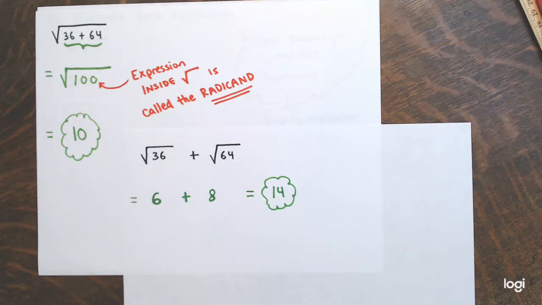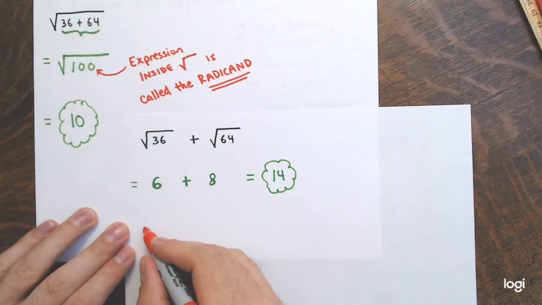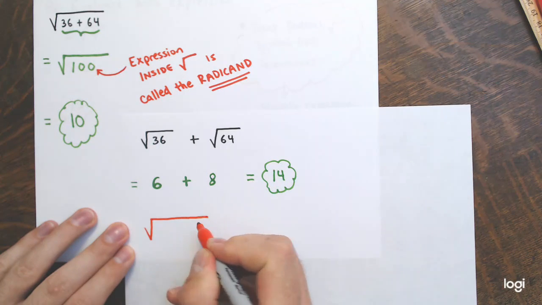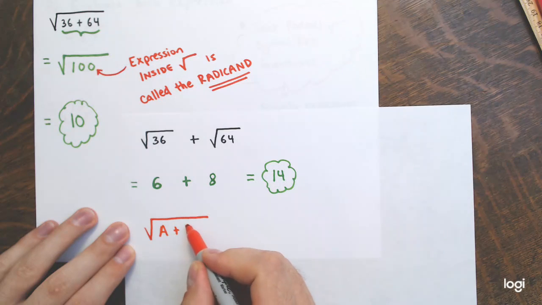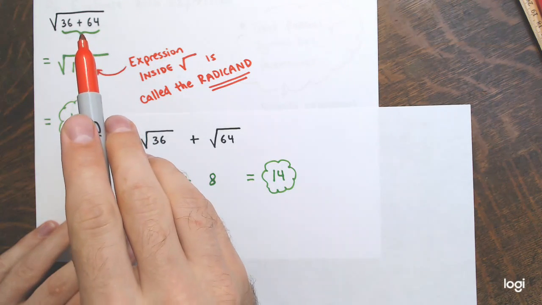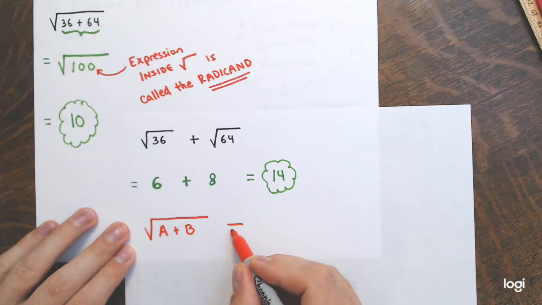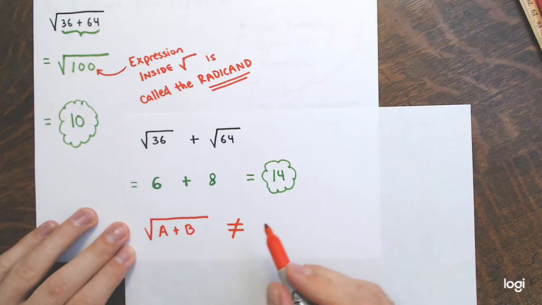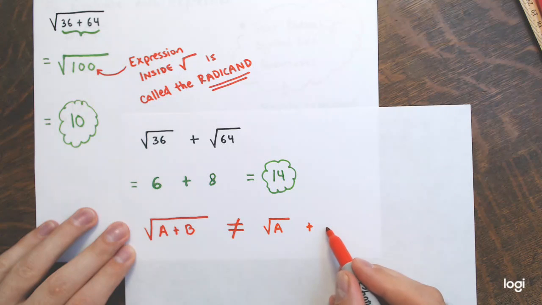So this leads me to another mistake people often make. Notice up there that the square root of a plus b, where a and b are numbers, like 36 plus 64 up here, is not necessarily going to be equal to the square root of a plus the square root of b.